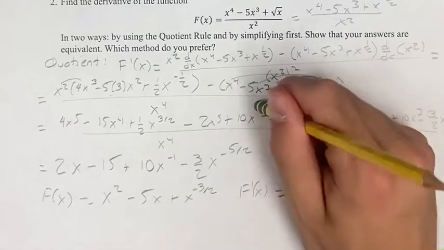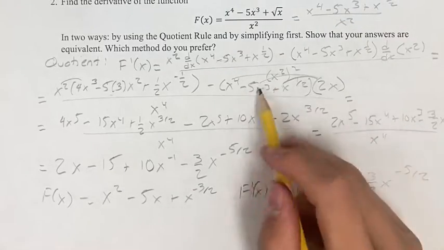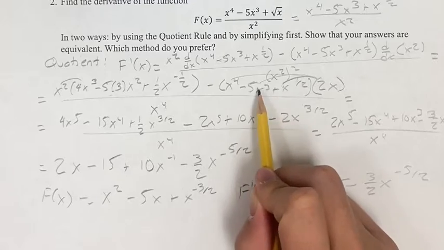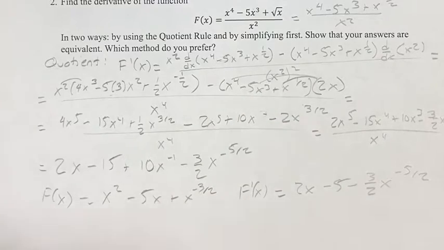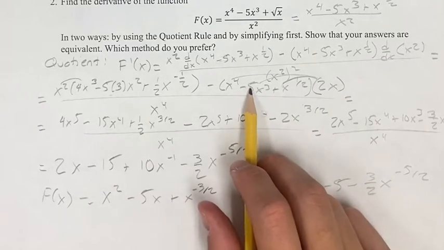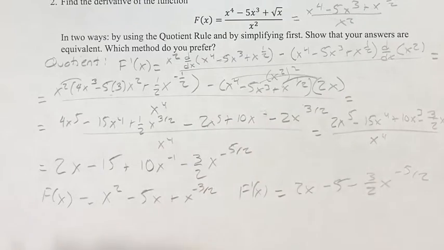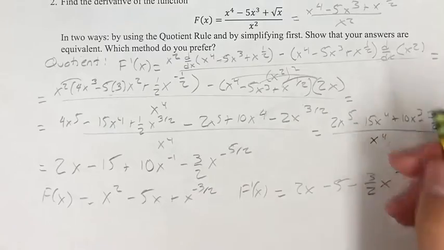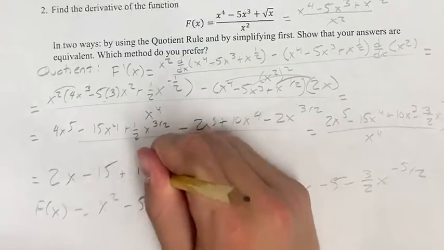And the reason that these are not the same is because -5x cubed times -1 is going to be positive 5x cubed, times 2x is 10x to the fourth, not 10x cubed. Sorry about the confusion.